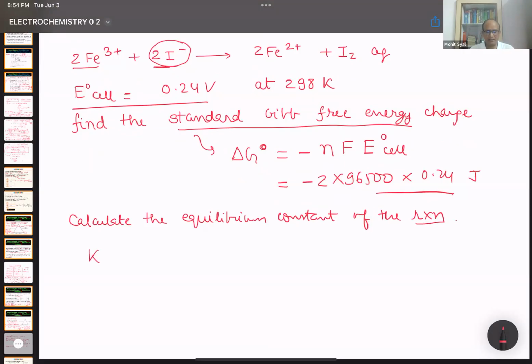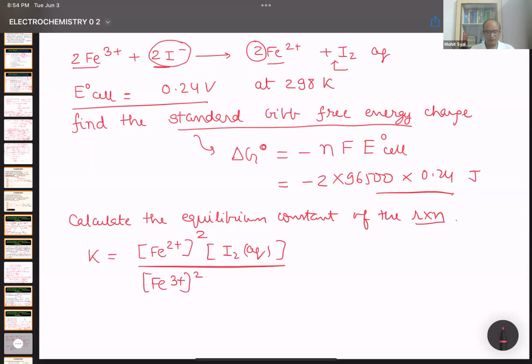That is represented by K. It is the ratio of concentration of the products: Fe2+, whose concentration is raised to the power of its stoichiometric coefficient 2, and I2 aqueous, raised to the power 1 because I2 doesn't have any number, meaning it is 1, divided by the concentration of reactants: Fe3+ raised to the power 2, and I minus to the power 2. The coefficient is 2.